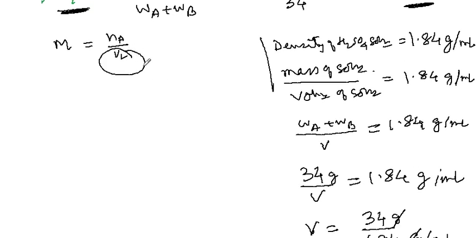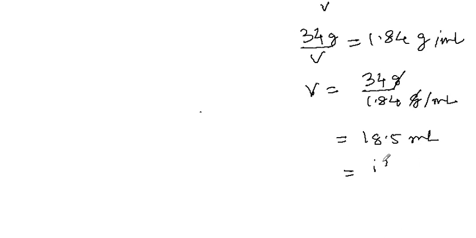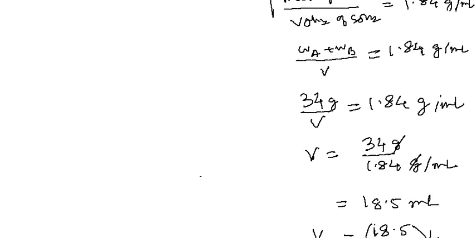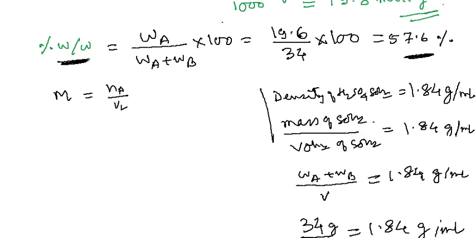Now we need the volume for molarity in terms of liter, so we'll convert the volume in milliliter into liter. We are going to divide it by 1000. So that is our volume of the solution in terms of liter: 18.5 divided by 1000.